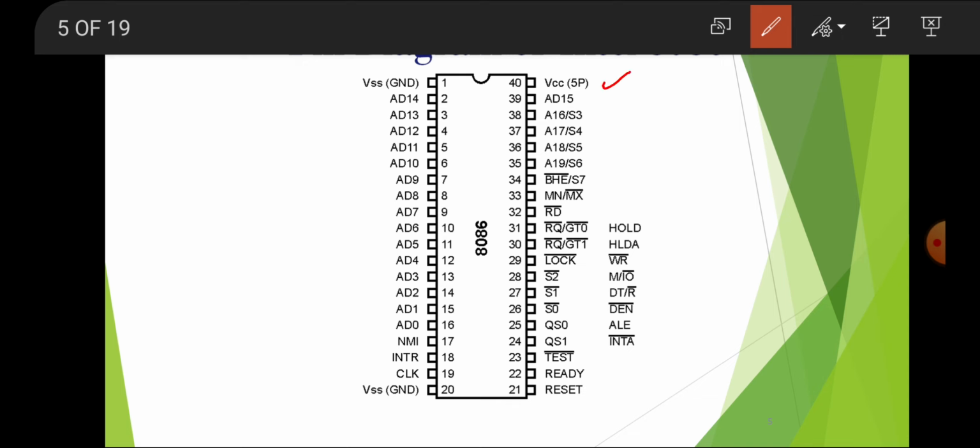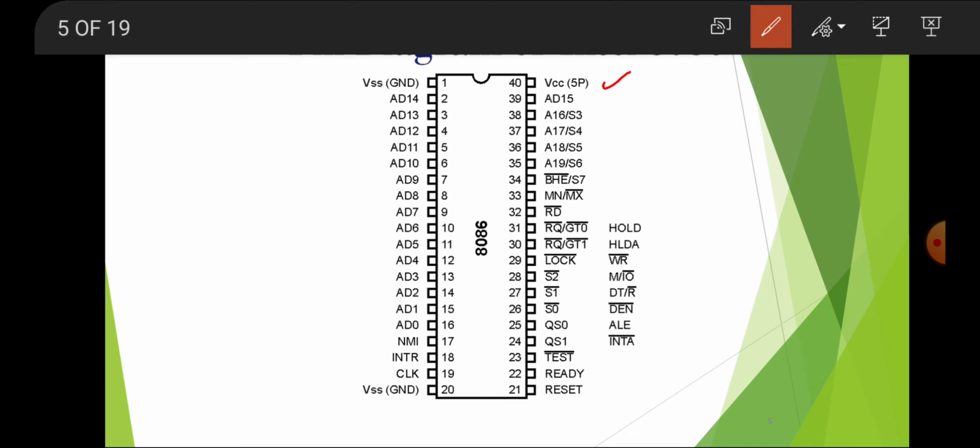For driving any circuit or any microprocessor, a supply is needed. Without supply we cannot make any electronic thing work. So this VCC, pin number 40, provides the 5-volt supply to the processor. This is very important first.